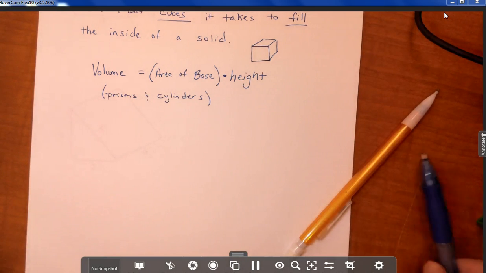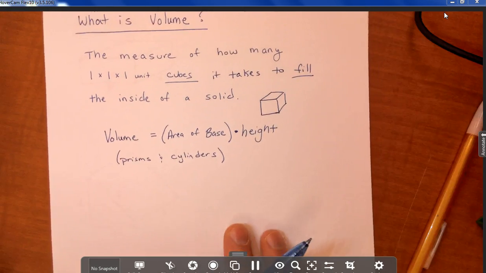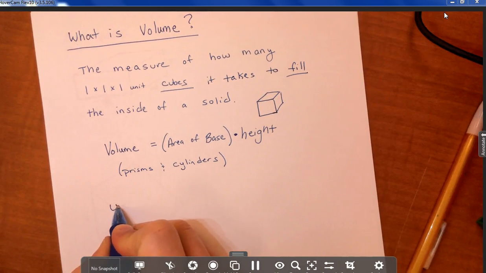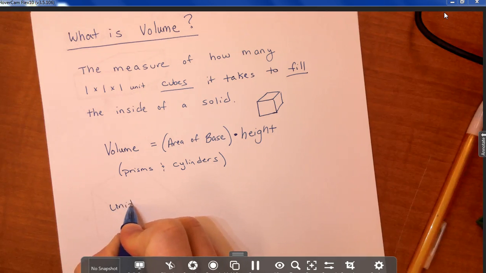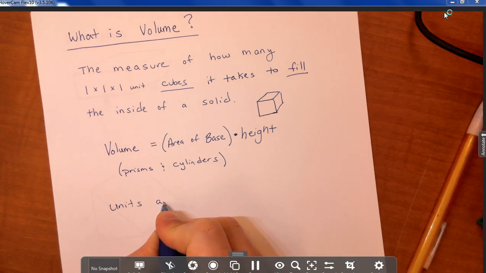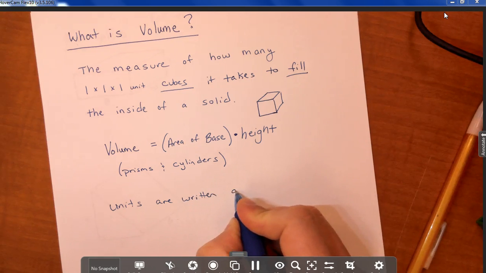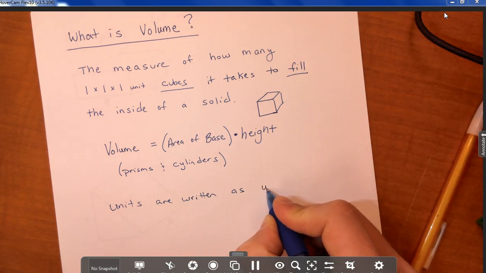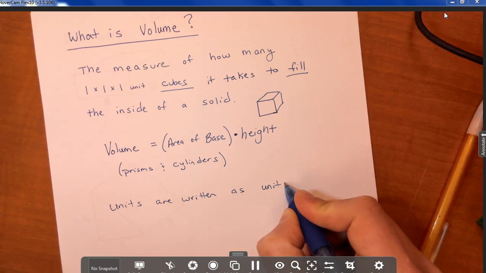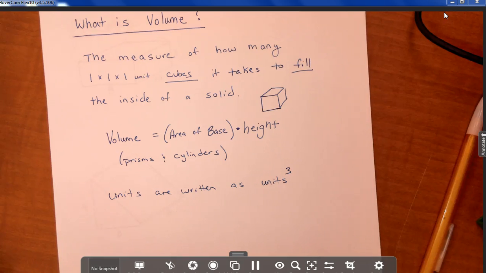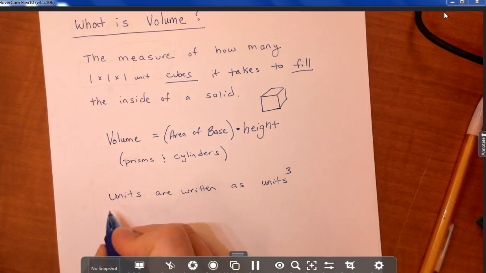Okay, and I forgot to write this on here, but just like with area, the units are written as units to the third power because we're talking about cubed units.